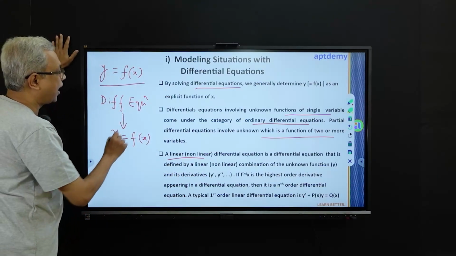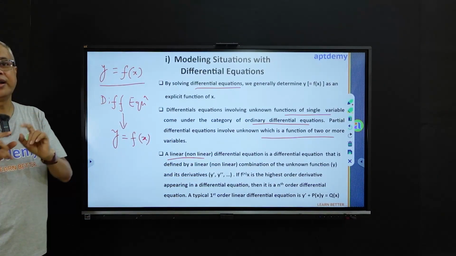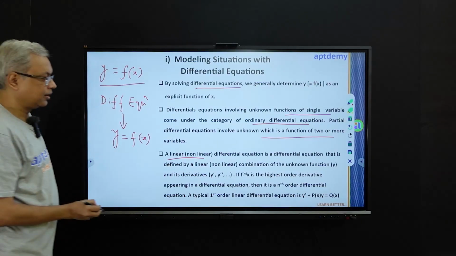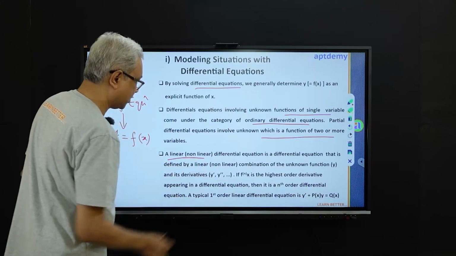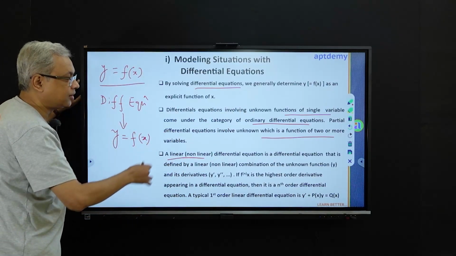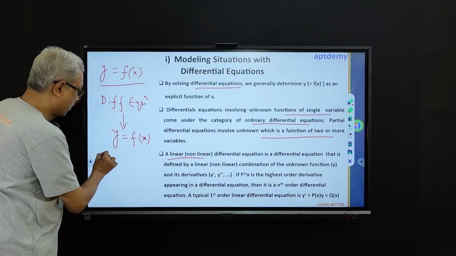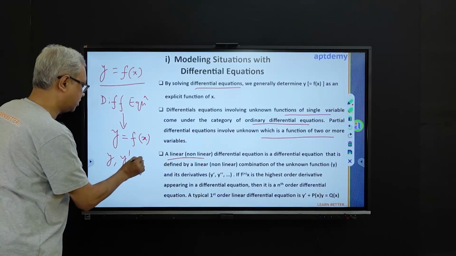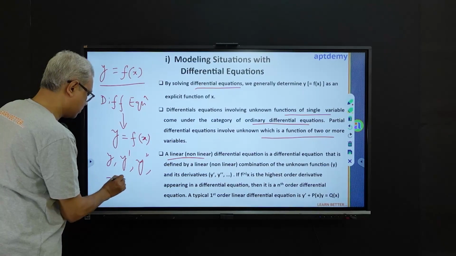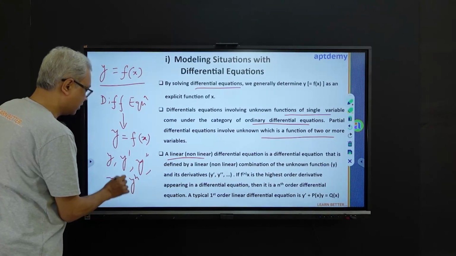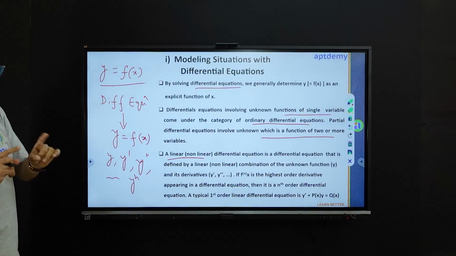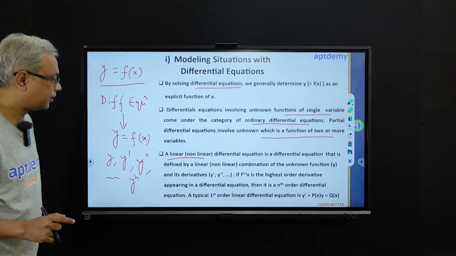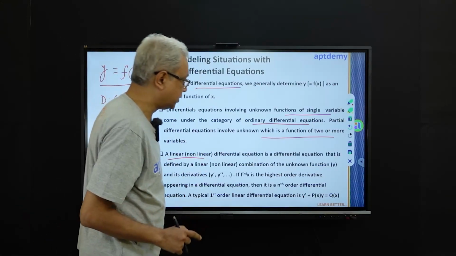As I told, the differential equation connects the unknown function and its derivatives, like y, y dash, etc. If this unknown function y, its first derivative, second derivative, and so on, maybe nth derivative also, are connected by a linear relationship, then it is a linear differential equation.